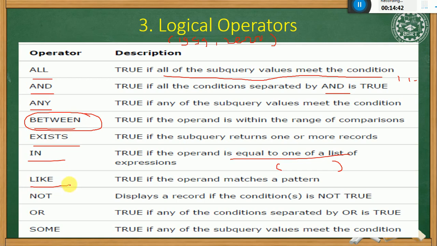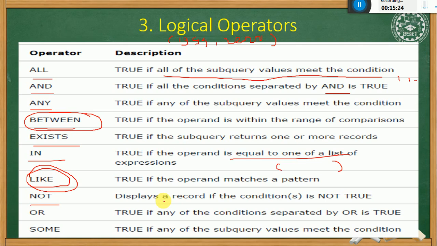Like is a pattern matching operator. Like is generally used to display the values by comparison between strings. Suppose you want to display the record of the student having the name Ram, then we can write the query like this: select star from student where student name like double quotation Ram. So it will display the records of Ram, all the column values, or all the records of Ram in that table.